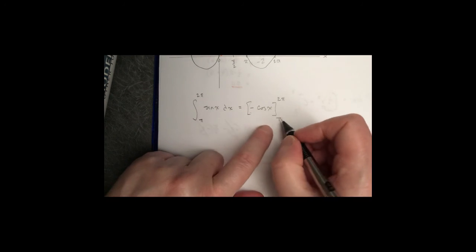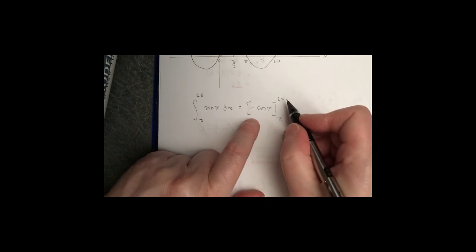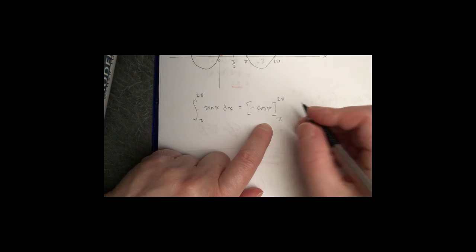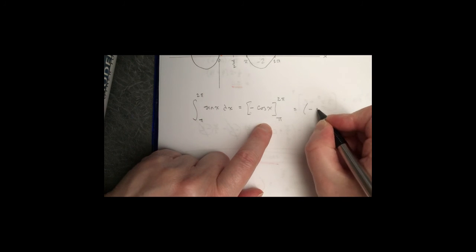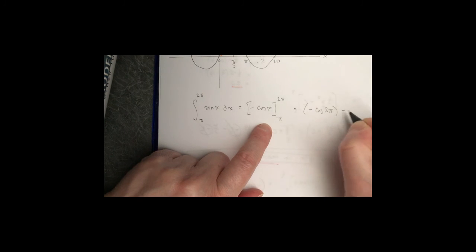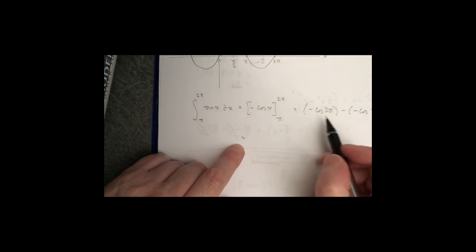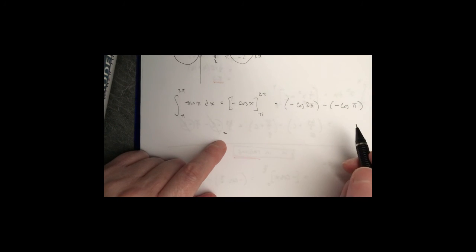Square brackets are nice for this kind of notation, but when you pull it apart into its separate pieces, you can use round brackets. So, minus the cosine of 2 pi, subtract minus the cosine of pi. Again, I do trig all the time, so I've got these memorized. You can use your calculator, and that's absolutely fine. Just remember to put it in radians.